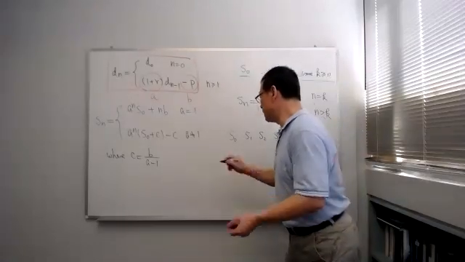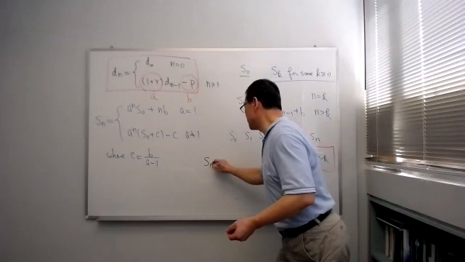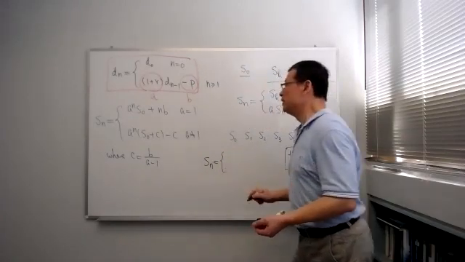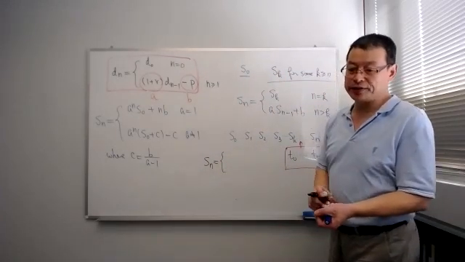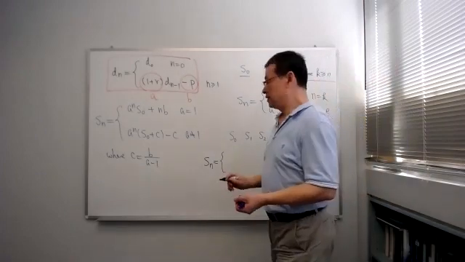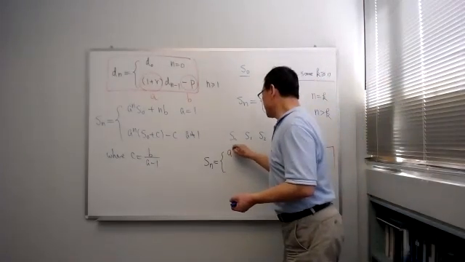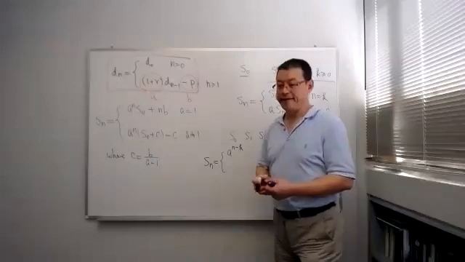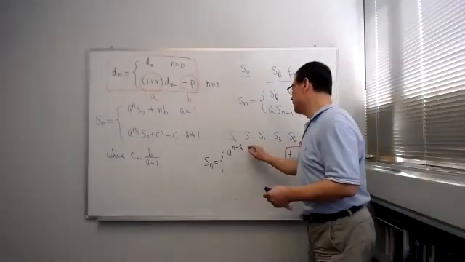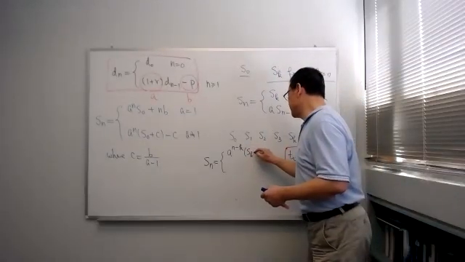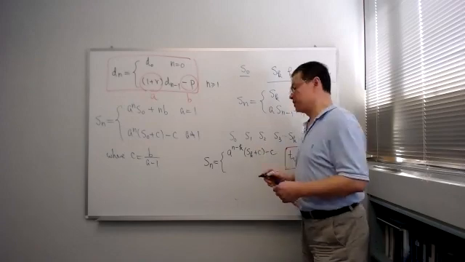So then the answer will be S_n, still the same here. So it will be shifted by k positions. Instead of n, here will be n minus k. All right. Now here x_k plus c minus c.